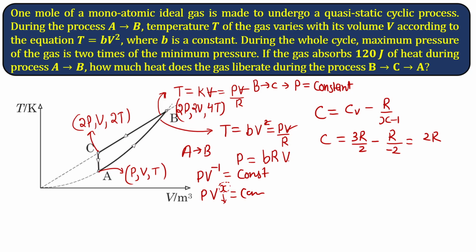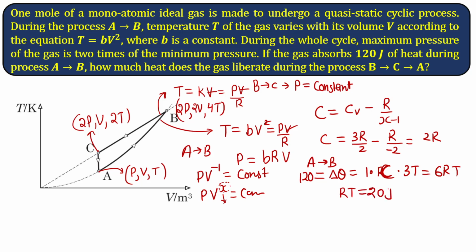If I just write for process A to B, the heat absorbed by the gas, delta Q, must be equal to NC delta T. Number of moles is 1, and delta T is nothing but 4T minus T, that is 3T, right? And C value is 2R, so this is coming out to be 6RT, and delta Q is given in this question, that is 120 joule. So from here we can write the RT value is equal to 20 joule, right?